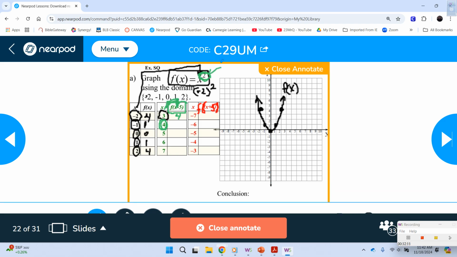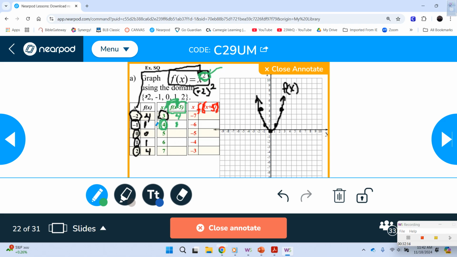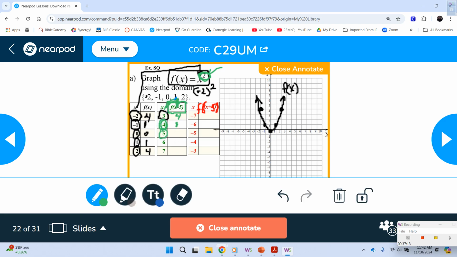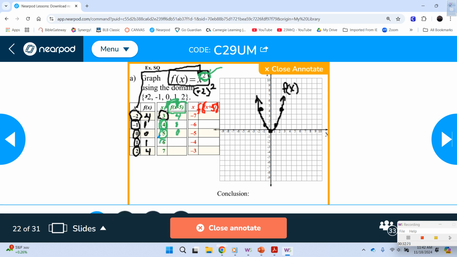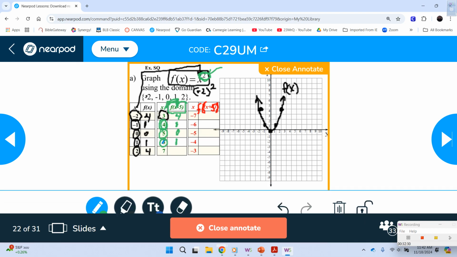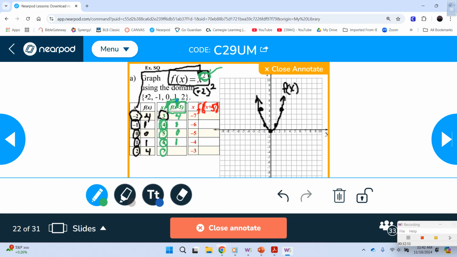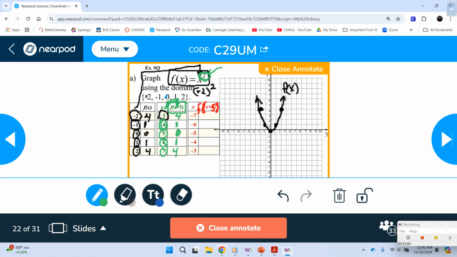But then we take that to the second power. Negative 1 squared is 1. Next one, 5. What is 5 minus 5? 0. What is 0 squared? 0. Next one, 6. What is 6 minus 5? 1. 1 squared is 1. And then the 7. What is 7 minus 5? 2. What is 2 squared? 4.